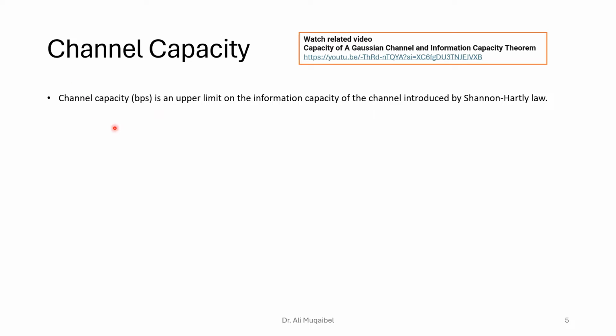The channel capacity measured in bits per second is an upper limit on the information capacity of the channel introduced by Shannon. It's usually known as channel capacity theorem or third law of Shannon or Shannon-Hartley law.